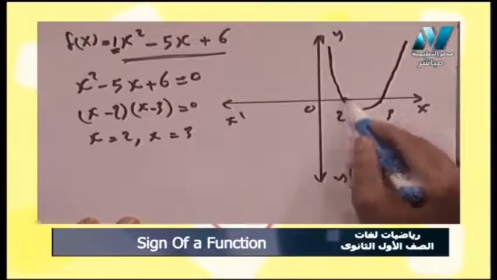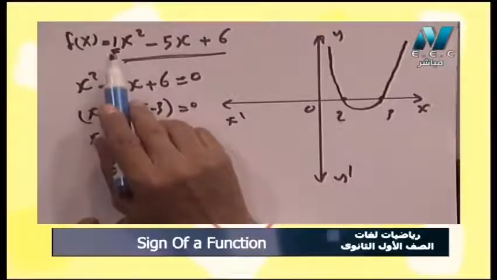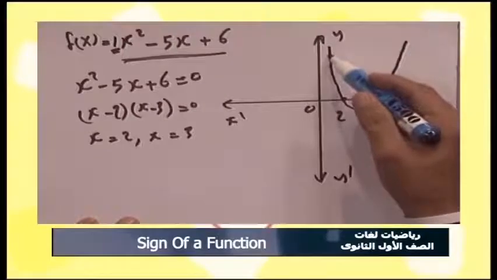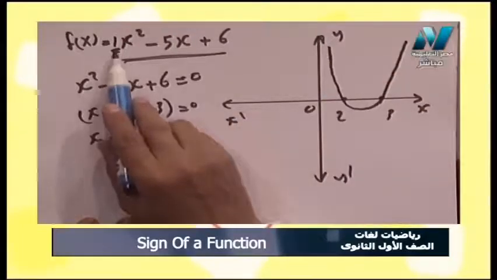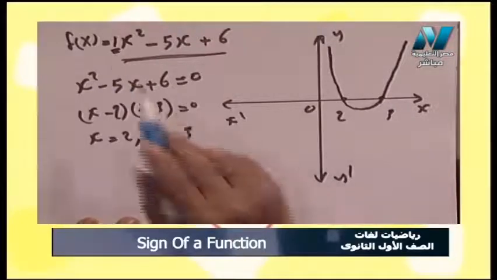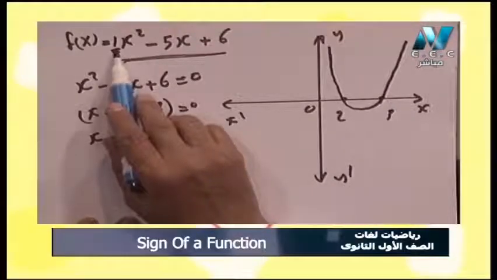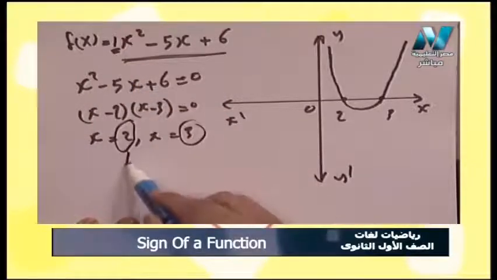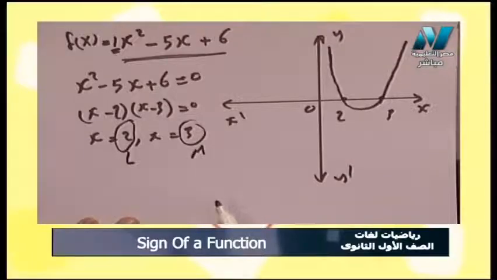If we have the coefficient of x power 2 positive, then it will be upward. But if the coefficient of x power 2 is negative, then it will be downward. So look at this function here. We have the coefficient of x power 2 positive, and we have the two roots, which are L and m here. L equals 2 and m equals 3 as the two roots of the function.